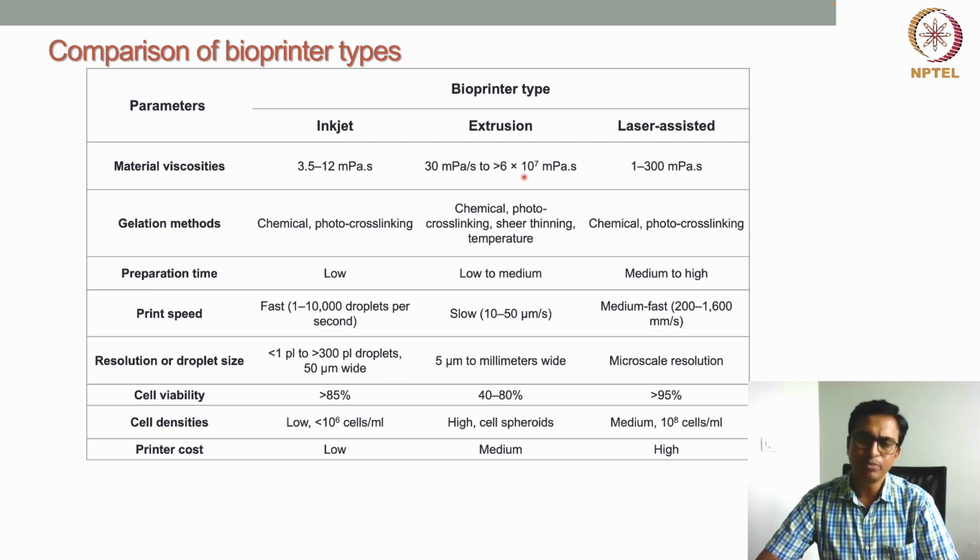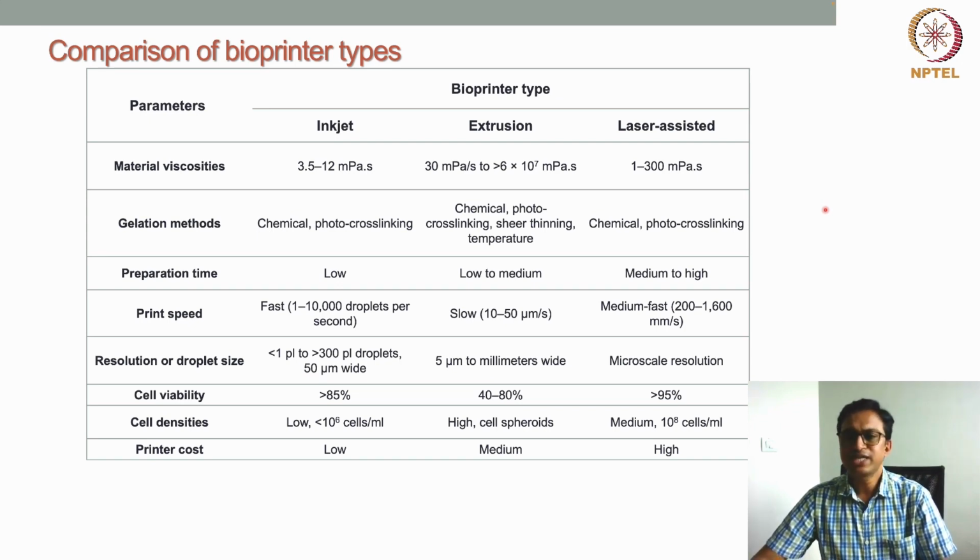It can be either a pneumatic pressure or a mechanical pressure for extruding the material. That's why this printer is capable of extruding materials of different viscosities, starting from very low to very high. This is like 30 mPa·s to almost 10 to the 7 mPa·s. That much viscous material can be used.